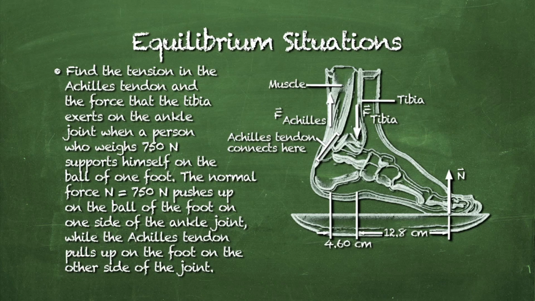The distance of the ball of the foot from the tibia, where there's a downward force on the foot, is 1.28 centimeters, and the distance of the Achilles tendon from the tibia is 4.6 centimeters. So, please diagram the situation, draw in your forces, list your knowns and unknowns, and solve this, please.